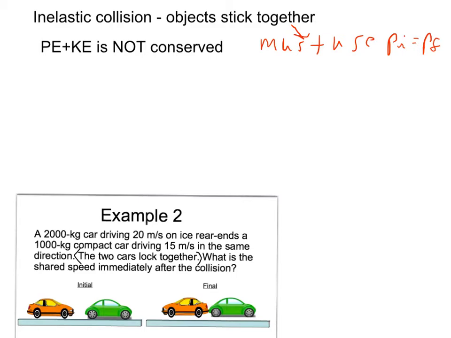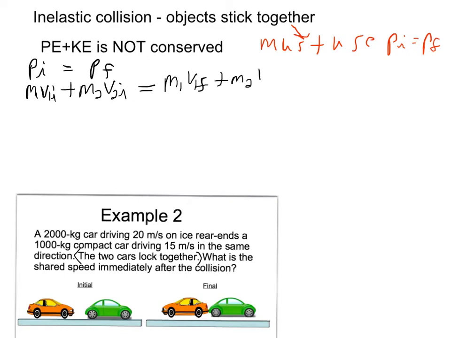When you work these, first write a part that you don't even think about, P_i equals P_f, and then give a momentum at the beginning and end for both objects, so m1 v1i plus m2 v2i equals m1 v1f plus m2 v2f. Memorize that right now.